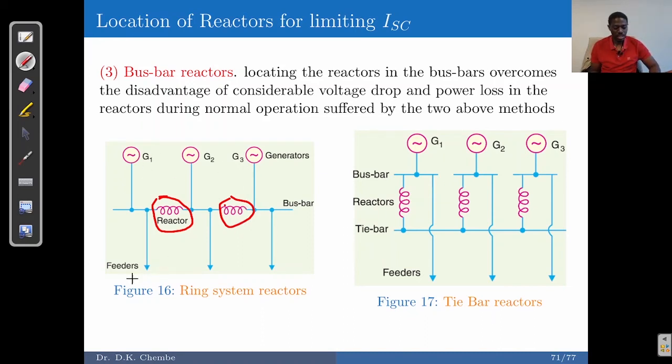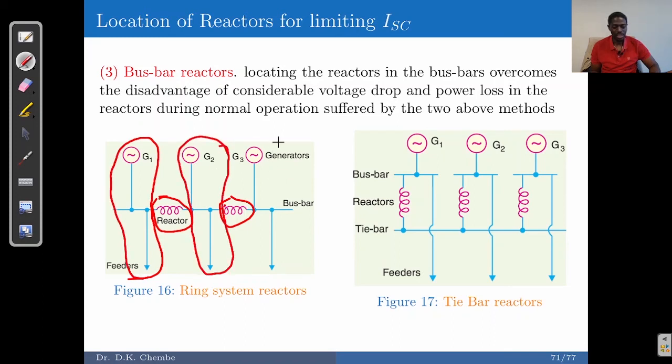So you've got this feeder being fed direct from one generator, and these are the systems that are created like so. And because of that, you've got the advantage that the fault that is very common to the generator reactor and also the feeder reactor is minimized or completely eliminated.